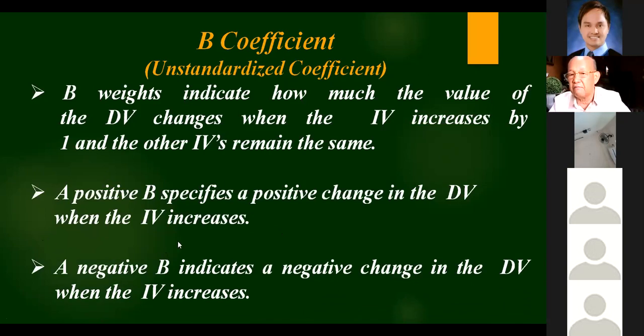A negative B coefficient indicates a negative change in the DV when the IV increases. Siyempre, you expect a negative B coefficient if X is inversely correlated with Y. I'll give you one example.